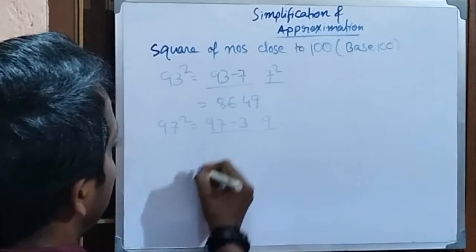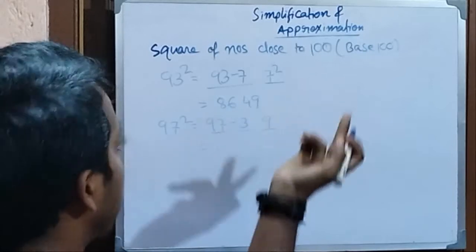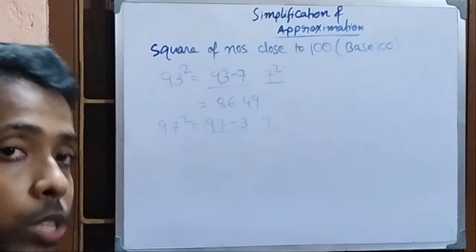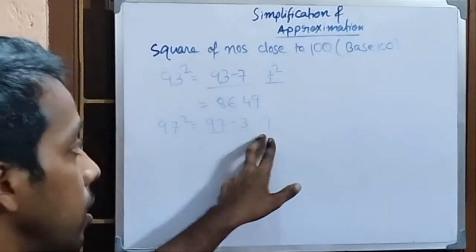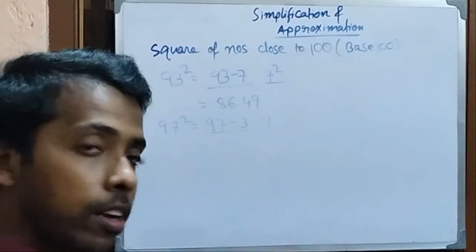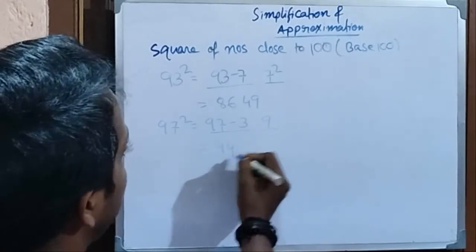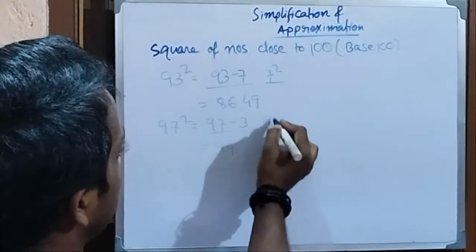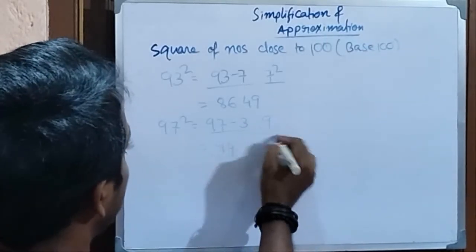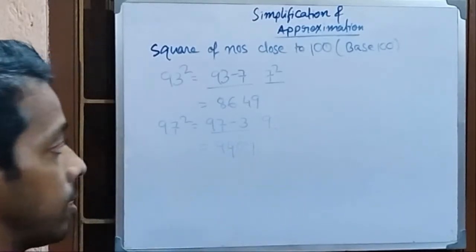Earlier I also told you that the square part should get a 2-digit number. Even if it is a single digit, you should add a 0 just before it in these boxes. So 97 minus 3 is 94, and 3 square is 9, so 09. 9409 is the answer.